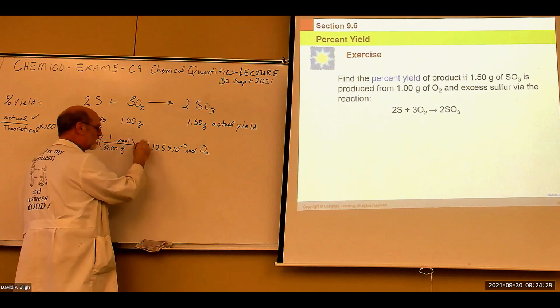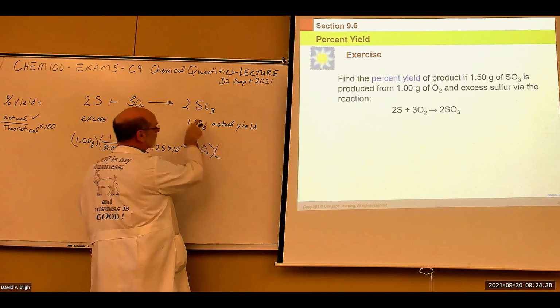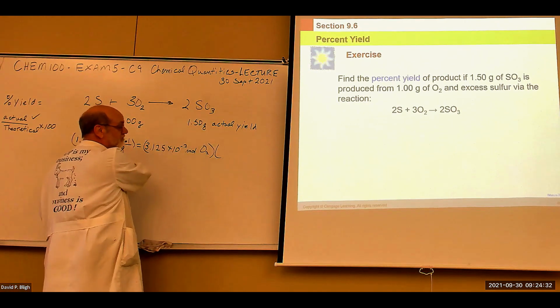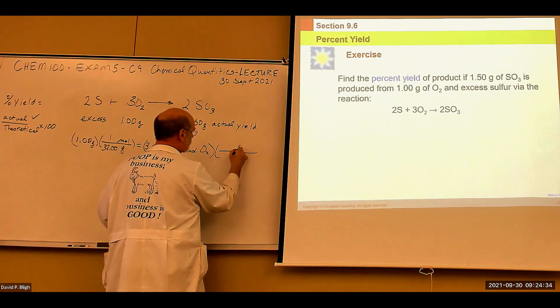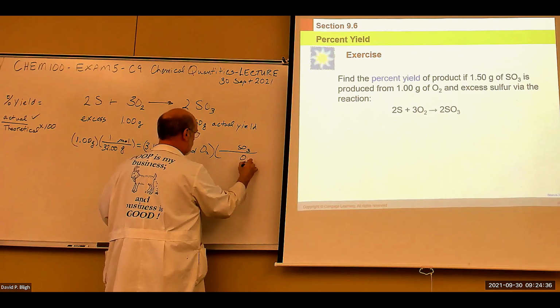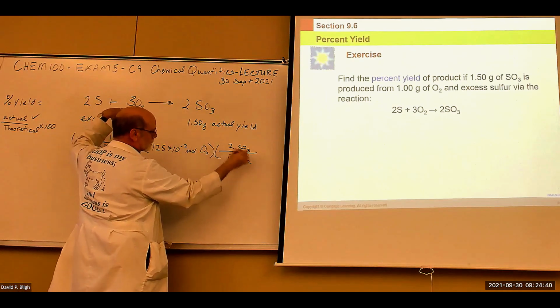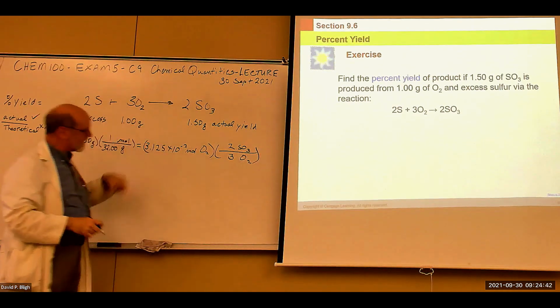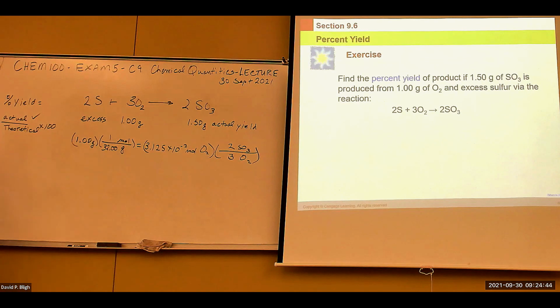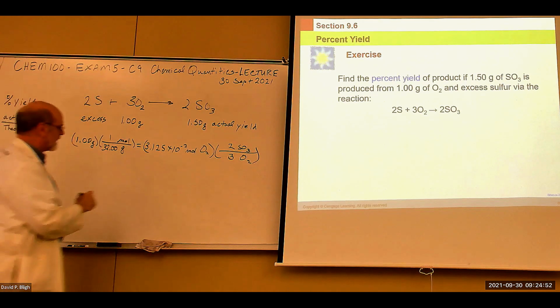Now we need to convert that to moles of SO3. The ratio is 3 to 2. So 2/3 of that value will be moles of sulfur trioxide, or 2.08 times 10 to the minus 2.